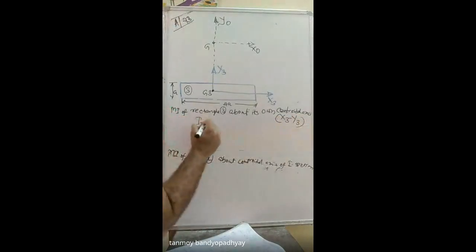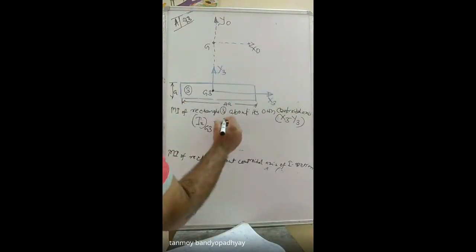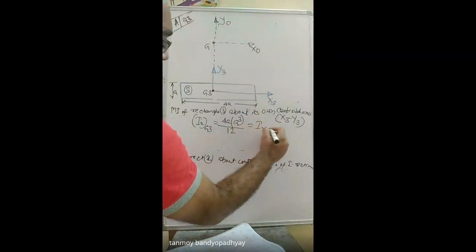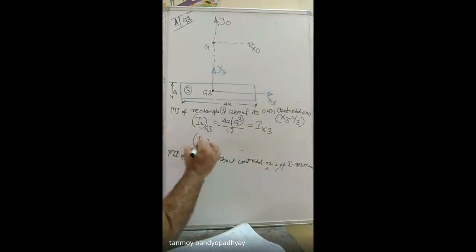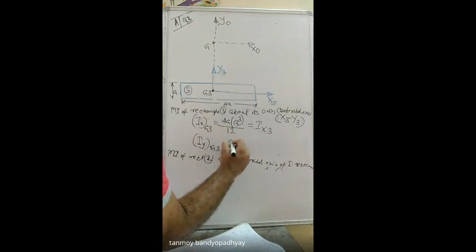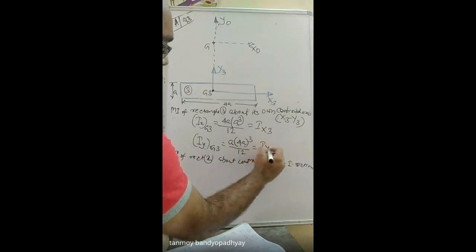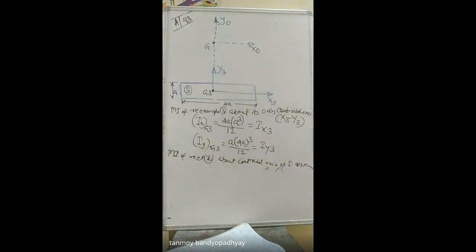So Ix G3 will be equal to bd cube by 12. The base is 4a into d cube divided by 12. Similarly, Iy G3 is equal to db cube by 12. The depth is a into 4a cube divided by 12. You can call it by any name, but generally I prefer this one because you can avoid the mistake of adding G on the left side. Okay? So that is the MI of rectangle 3.